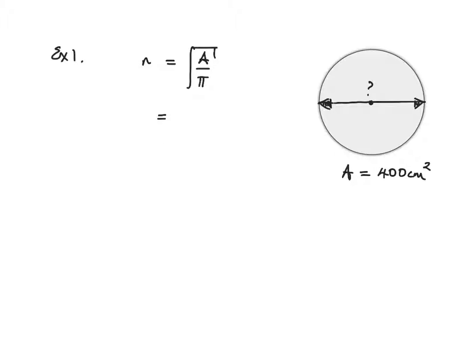So we can have 400 on top as the area of the circle divided by pi, don't forget the square root. You'll need your calculator for this, and the answer is 11.28 centimeters.